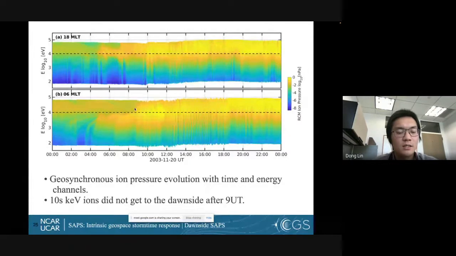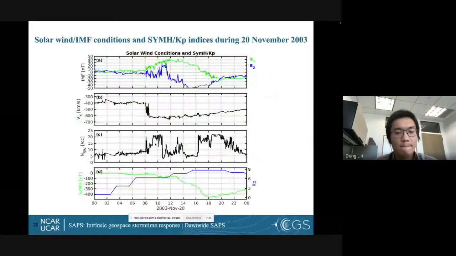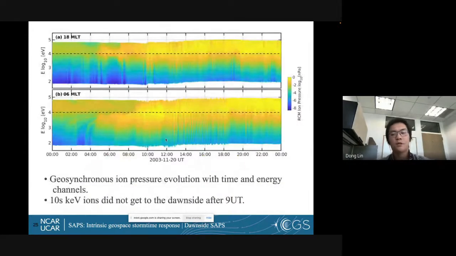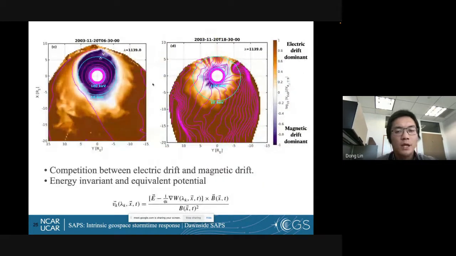And this is at 9 UT, when the solar wind speed has greatly enhanced from like 400 to more than 600 kilometers per second. So this picture is telling us the dawn side pressure buildup has to do with the level of the driving condition.